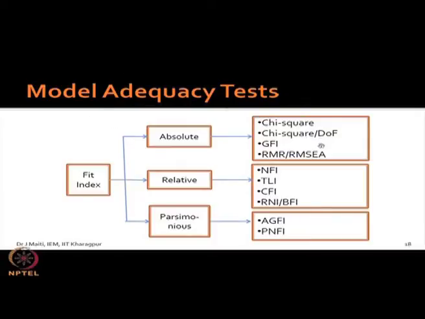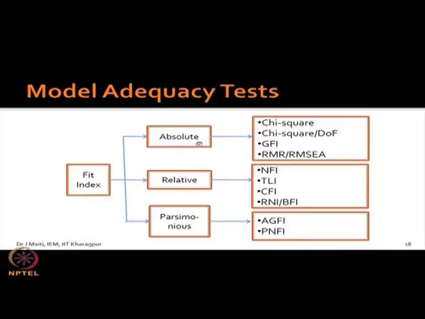Now, in model adequacy test, in the last class also I told you about fit index, there are 3 types of fit index: absolute fit index, relative fit index and parsimonious fit index. Under absolute fit index, chi-square by degree of freedom.